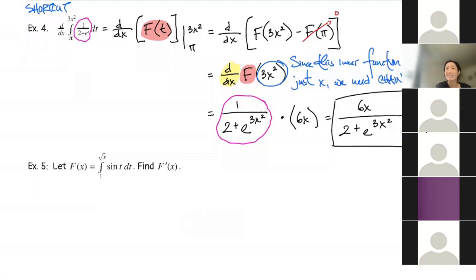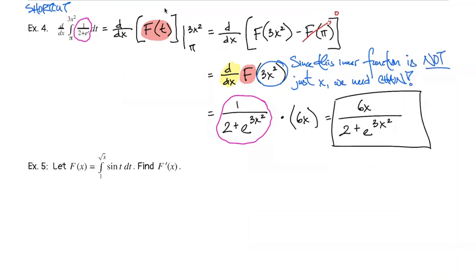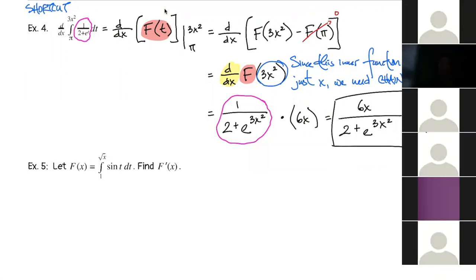I have a yes. Do we have other thoughts? Yes, no, maybe so. Right, we've got a yes and a no. How do we know when we have to use chain rule?